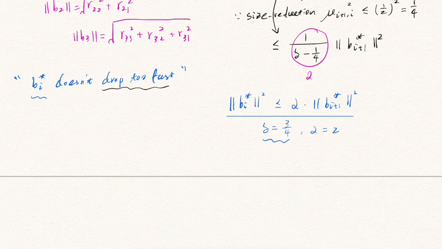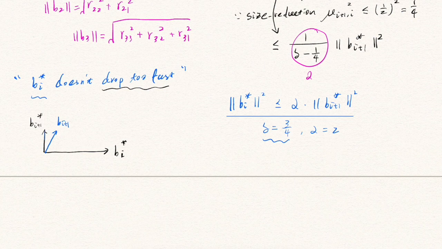Why don't we want these orthogonal vectors to drop too fast? Well, the idea is that, let's say this is i prime, if we drop too fast, say this is the Bi plus 1, we know because of the size reduction, the actual Bi plus 1 is probably somewhere in the vicinity of the Bi plus 1 orthogonal vector.